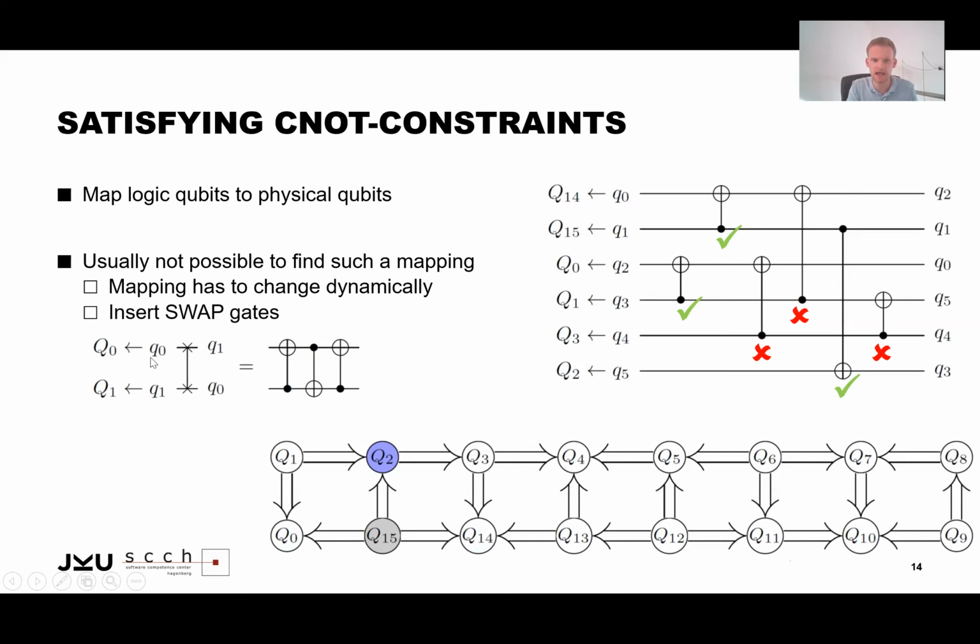So if we originally map logical qubit Q0 to physical qubit Q0 and logical qubit Q1 to physical qubit Q1, and then apply the swap gate here, we simply swapped or permuted the positions of the corresponding logical qubits. This can be realized with a sequence of quantum gates like that. And usually this can be translated into a sequence such as this here. Not always, it depends on the architecture, but long story short, these kinds of swap gates can be used in order to satisfy these CNOT constraints.